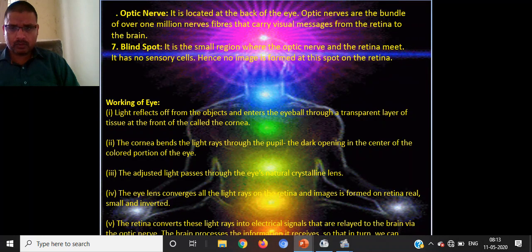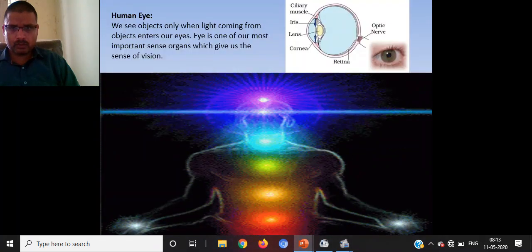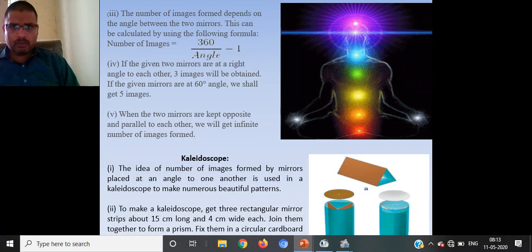We get the number of images from this formula: 360 degrees divided by the angle, minus 1, where the angle is the angle between the two mirrors. When the mirrors are kept at a right angle, that means the angle is 90 degrees. Then 360 divided by 90 minus 1 is 4 minus 1, which is equal to 3.